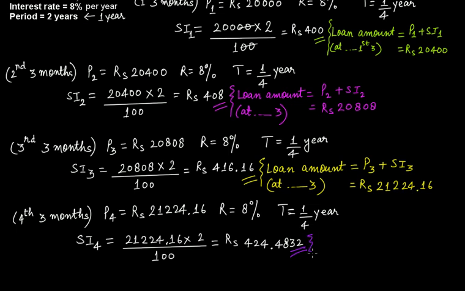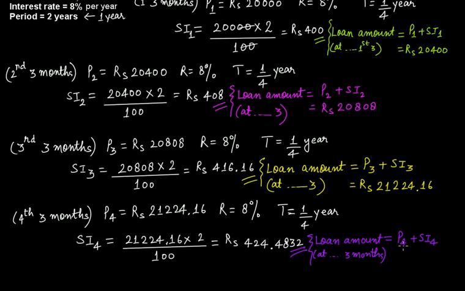So tell me, what's the loan amount at the end of the fourth period of 3 months? That is equal to P4 plus SI4. What's P4? P4 is P3 plus SI3. What's P3? P3 is P2 plus SI2. What's P2? P2 is P1 plus SI1.